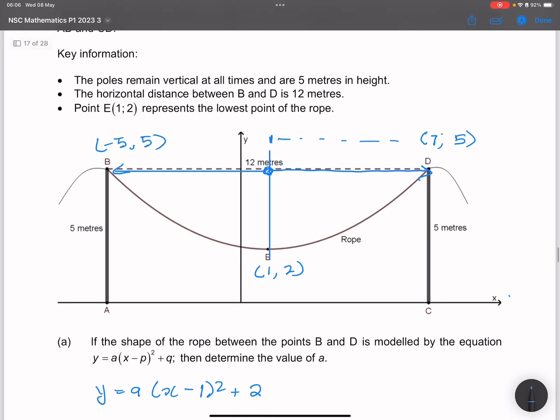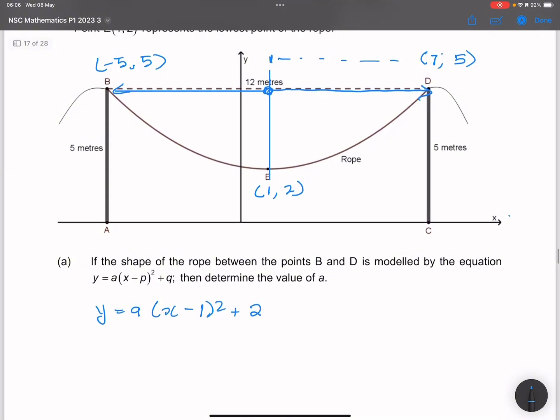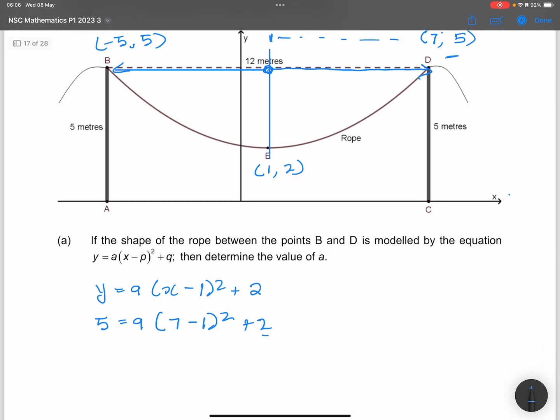All right, so I can actually just substitute any of those points to get the value of a. Let's take this one, where y is 5. We know our x value is 7. So that's a times (7 minus 1) squared plus 2. In that case, I'm going to take the 2 to the other side. We get 5 minus 2, that will give us 3. Okay, that's a times, now 7 minus 1 gives us 6, and 6 squared is 36.